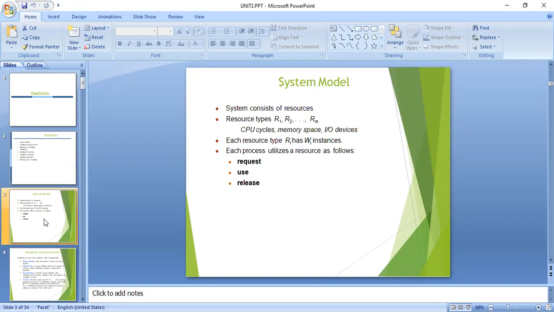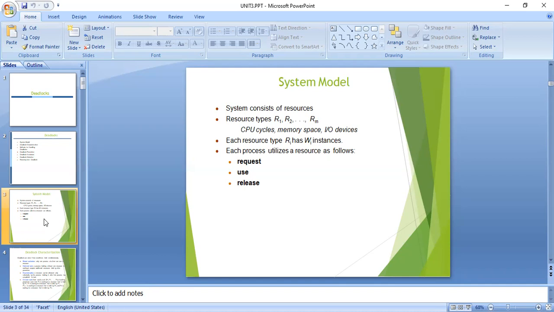A simple definition: a deadlock is a situation in which two computer programs sharing the same resource are effectively preventing each other from accessing the resources, resulting in both programs ceasing to function. In other words, if two systems or two processes want to acquire the same resource, then the deadlock will occur. I hope you all understood the meaning of deadlock.